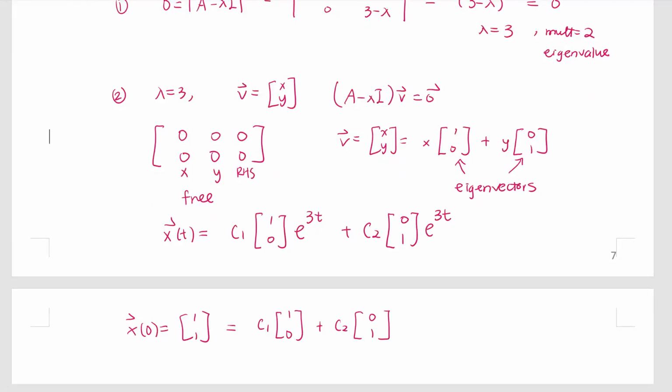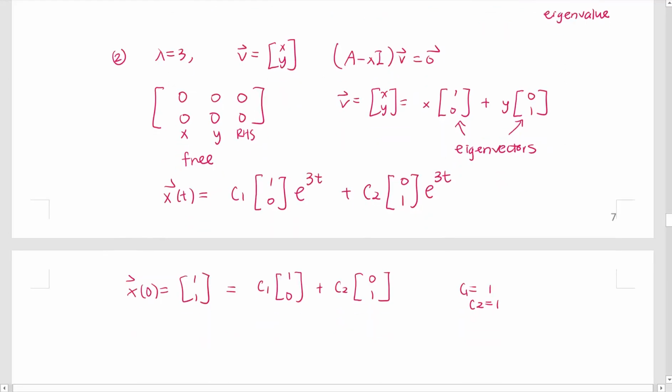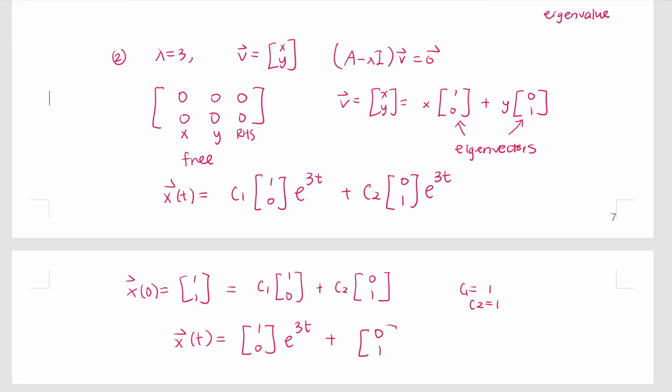So C1 is 1, C2 is 1. And then our solution is (1, 0) e to the 3t plus (0, 1) e to the 3t. So this is a solution to the system of linear differential equations with constant coefficients.